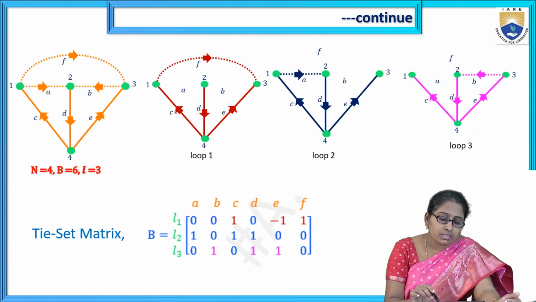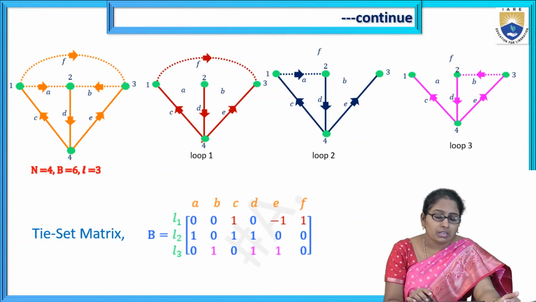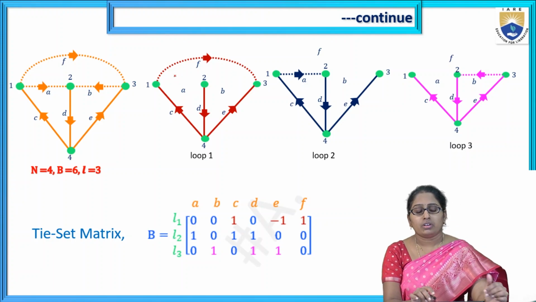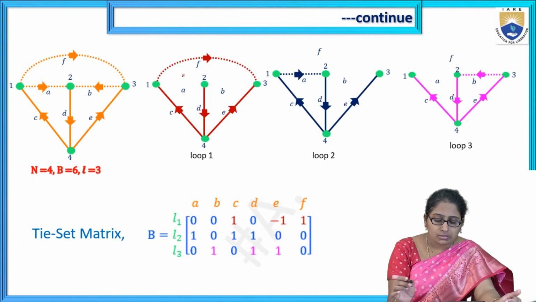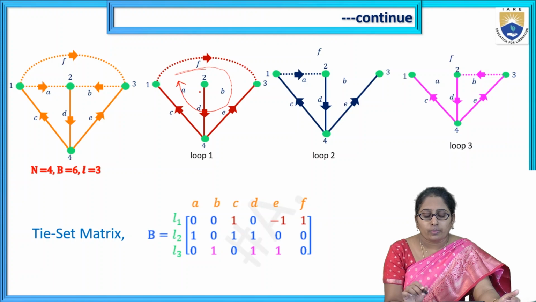See the first loop, name it loop 1, with the tree branches C, D, E. If we consider the link F, shown with dotted lines, and add this link F, this is a closed path.